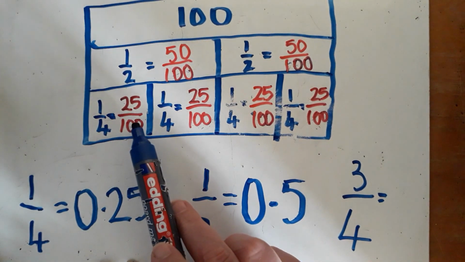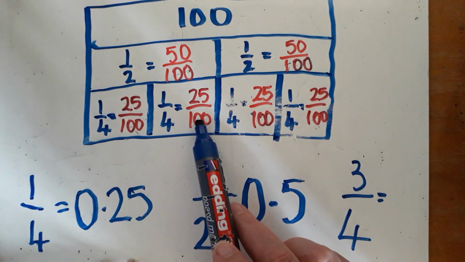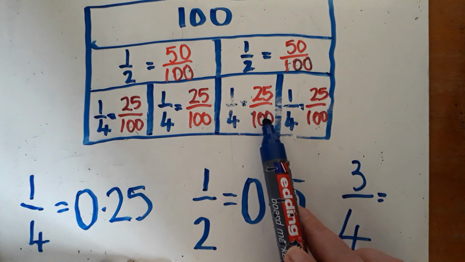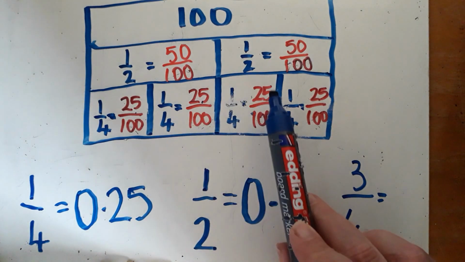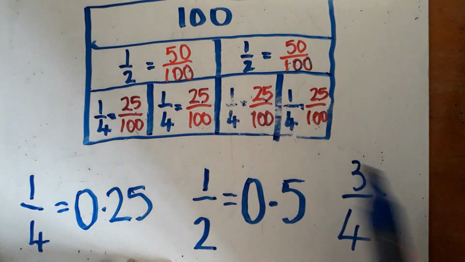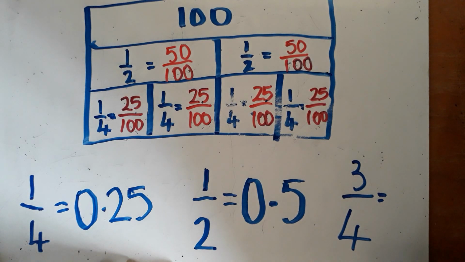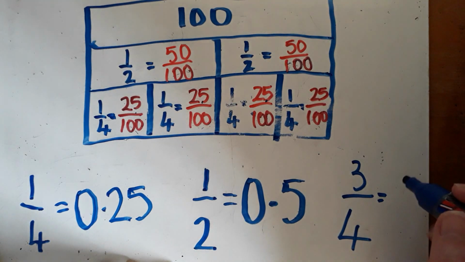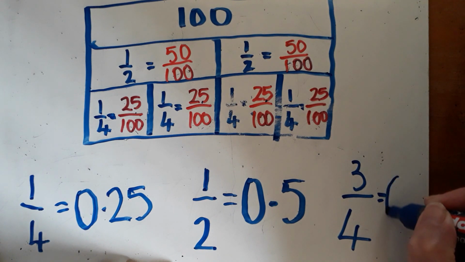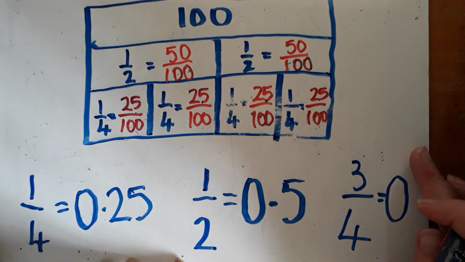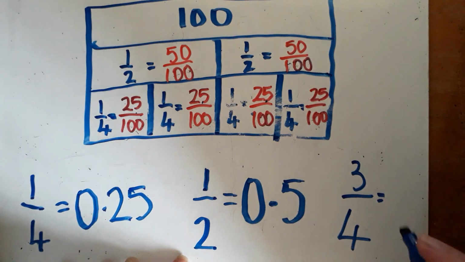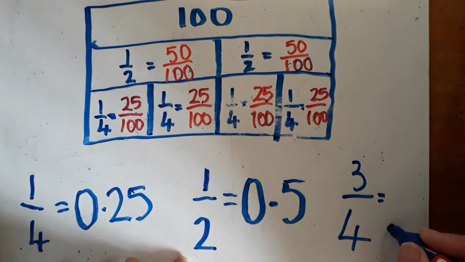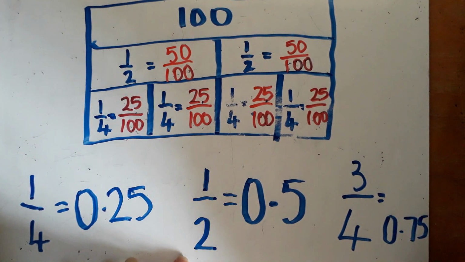So I've got this quarter, and this quarter. So I've got 25, 50, 75. Which is the same as 75 over 100, which would be the same as, oh, I've just got no room, I'll write it down here, 0.75.